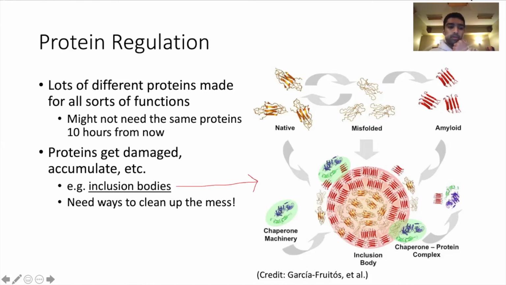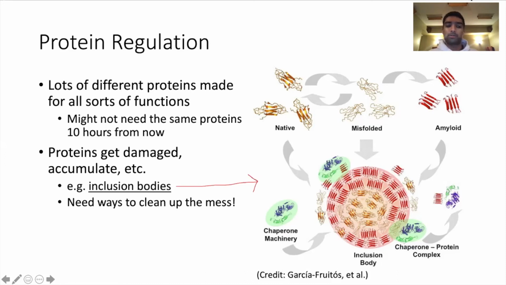And a cell might not need the same exact proteins 10 hours from now as it does now, because the cell is always adapting to different environmental cues and different cues from other cells and chemicals and all that stuff. So beyond simply changing rates of transcription and translation for proteins, we need ways to recycle and stop proteins from accumulating.